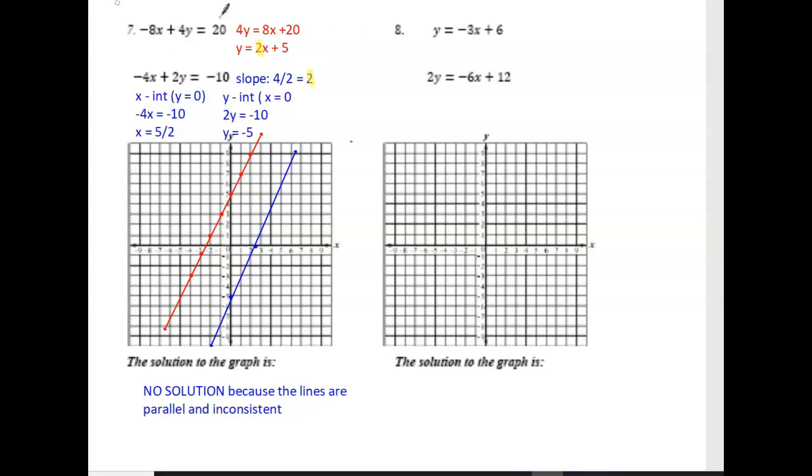Number 8, we're going to graph our point. So my y-intercept is a positive 6. My slope is down 3 over 1.